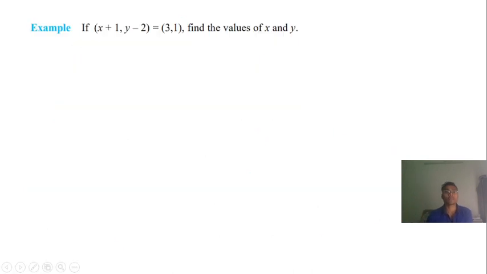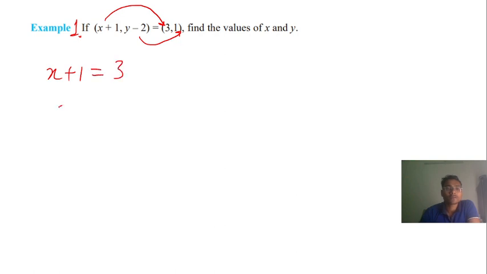Okay, coming to the very first example of this chapter: if two sets are equal, find the values of x and y. I already told you that if two ordered pairs are equal, then the first element must be equal to the first element and the second element must be equal to the second element. So we solve it here: x plus 1 is equal to 3, then x is equal to 3 minus 1, and then x is equal to 2.